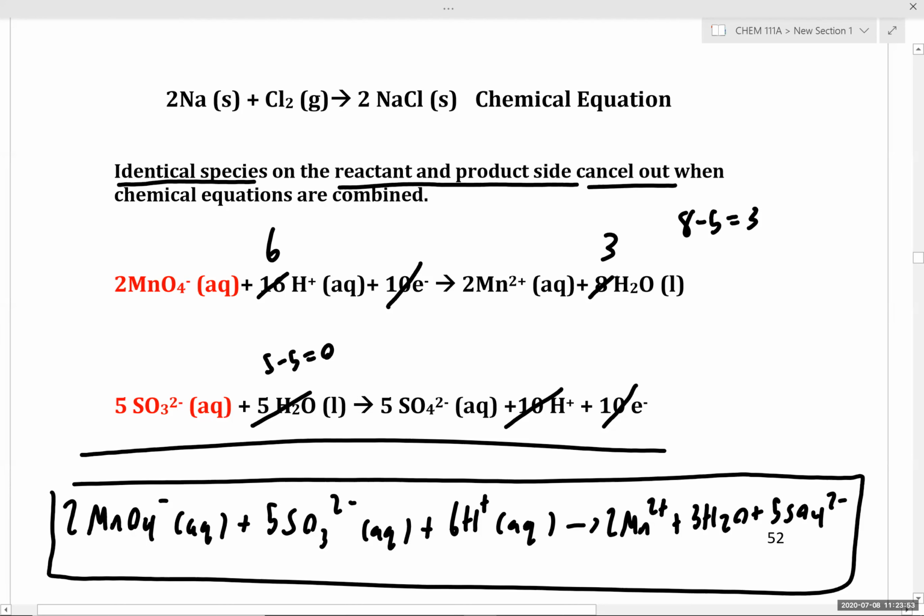So 8 minus 5 would give us 3. Oh, so you're doing them together. Yep. Just like for H plus, we canceled 10 from each side. 10 minus 10 gives us 0, and 16 minus 10 would give us 6. Does that make sense?